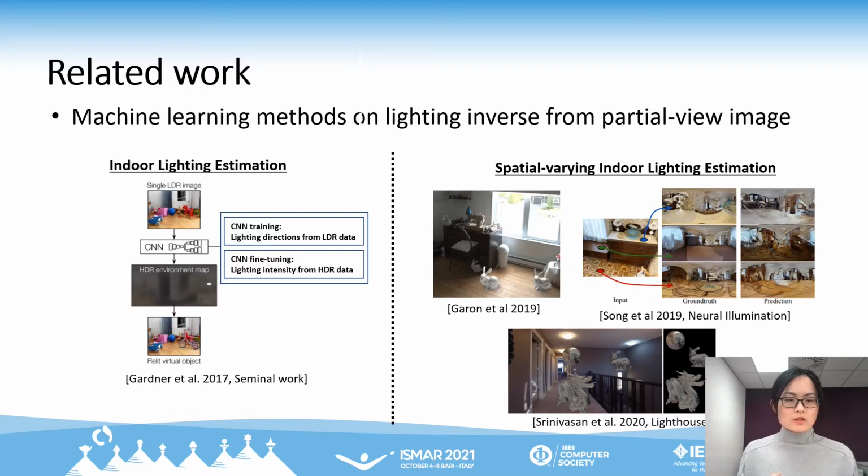Recent methods that use deep learning frameworks to estimate lighting from photographs have tried to address different sub-problems within the field of inverse lighting. The seminal work was done by Gardner 2017, which used a CNN to realize indoor lighting estimation. Some follow-up work addressed spatially varying indoor lighting estimation, which makes the estimated lighting position-aware.